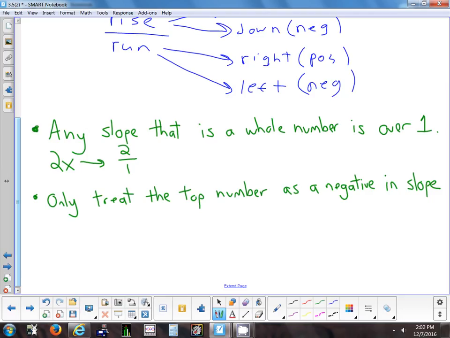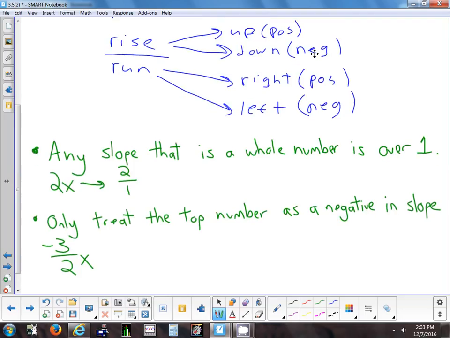Say it's -3 over 2. Right, that's my slope, -3 over 2. What direction would I go based on this -3? Who can tell me? Down how many, Kyle?